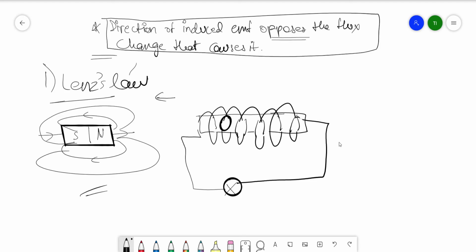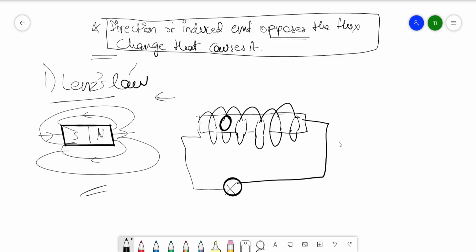Now, as I told you, these magnetic field lines are only what I drew. It obviously extends way further. So even if it's moved away, the magnetic field lines would be cut through. And when there's a cutting of the magnetic flux, that's when an EMF is induced.